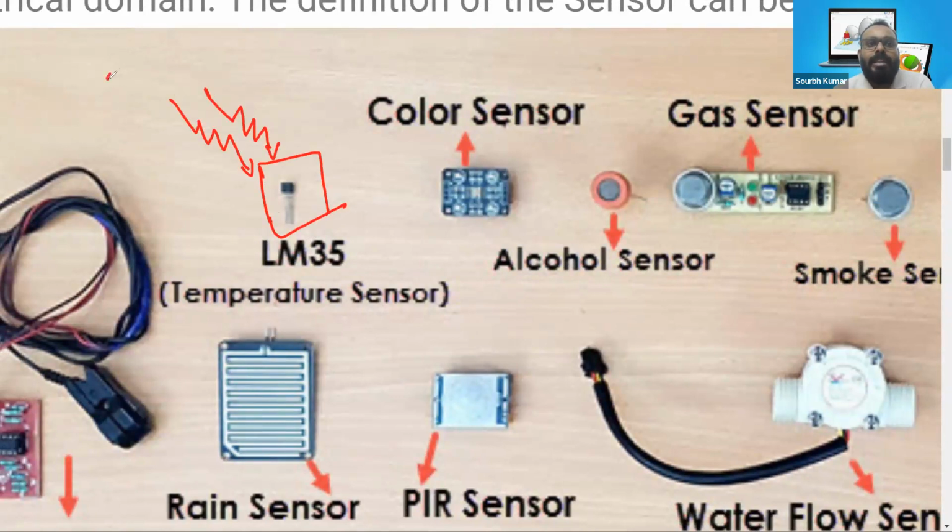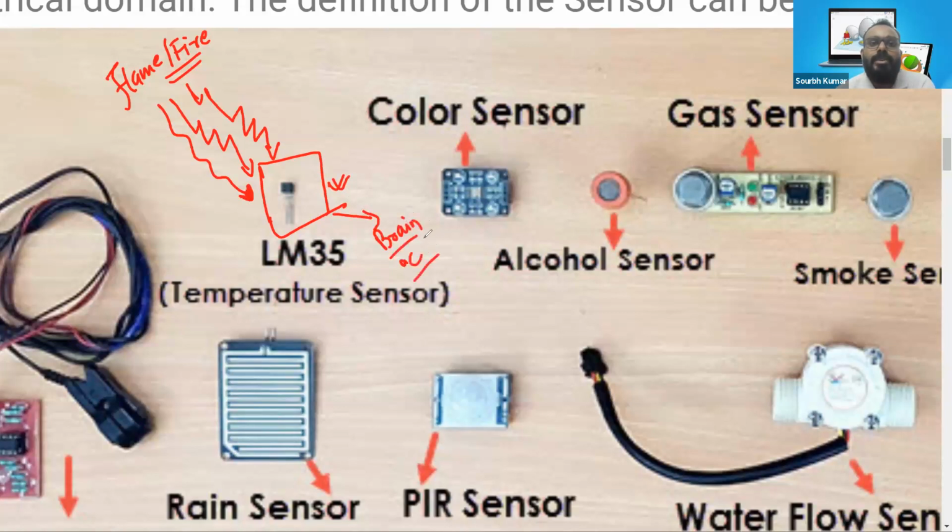So an environment like a flame source or fire source or any radiation source is responsible for providing the exact data of how much radiation it is receiving. Then further, this kind of sensor informs the brain that I am receiving this much temperature, this many degrees C or this many degrees Fahrenheit.